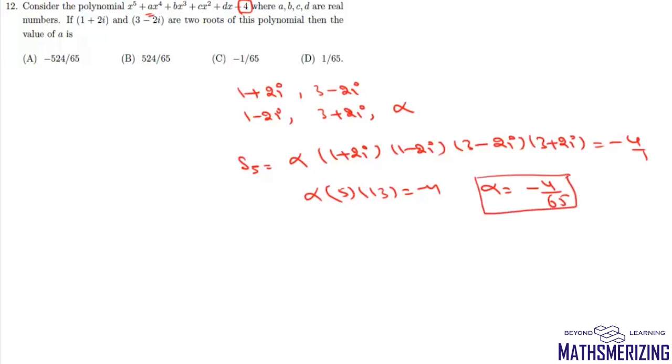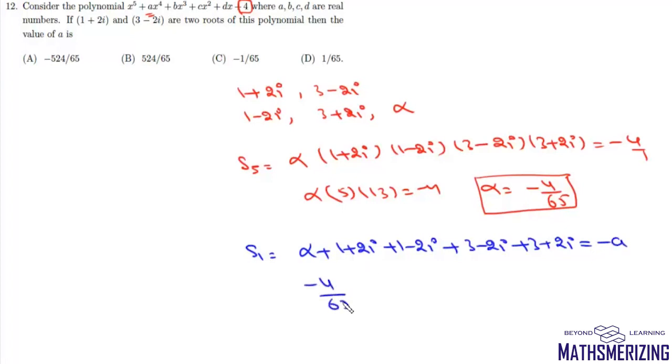Now we'll write S1, that is the sum of all the roots. S1 will be alpha plus 1 plus 2i plus 1 minus 2i, 3 minus 2i plus 3 plus 2i, and it will be equal to minus a. Now the value of alpha is minus 4 upon 65, and here the 2i will cancel. So we'll get 6 and 2, 8.